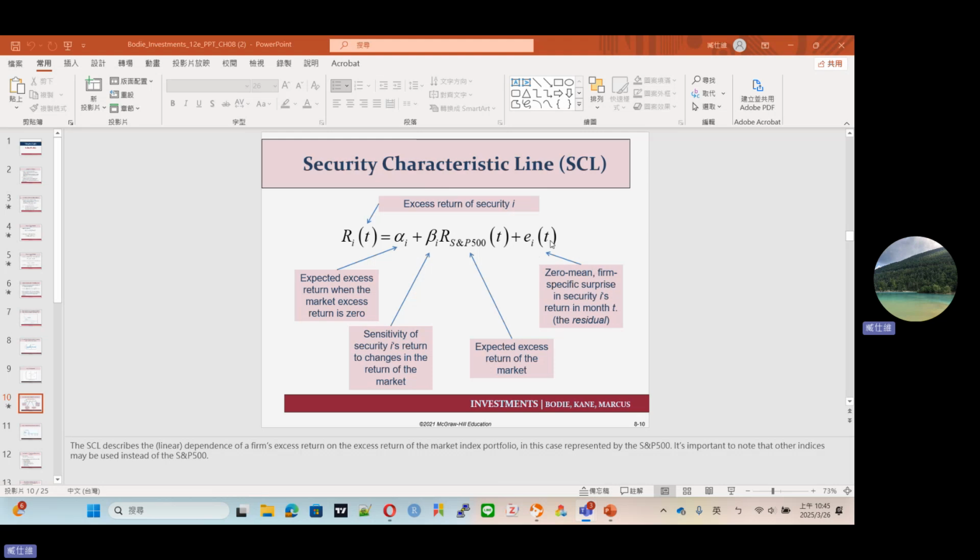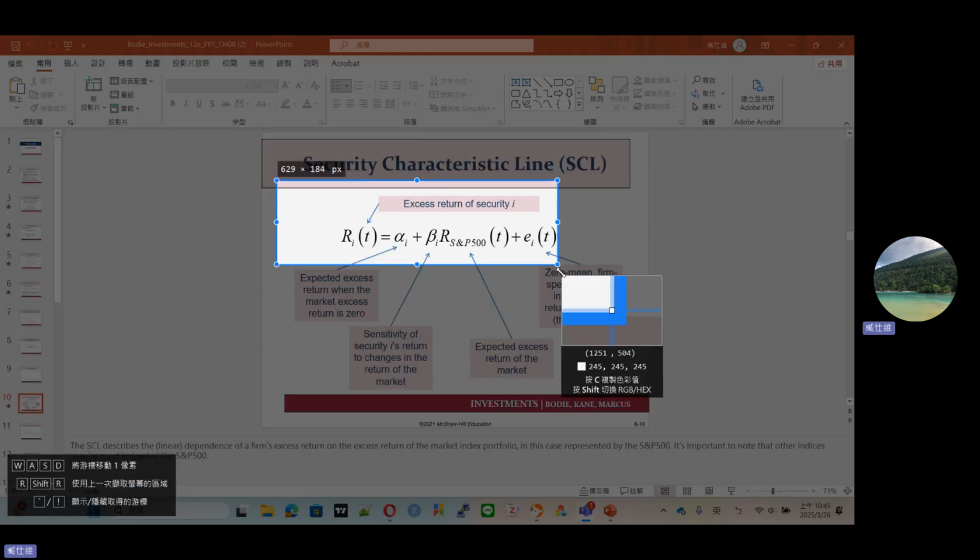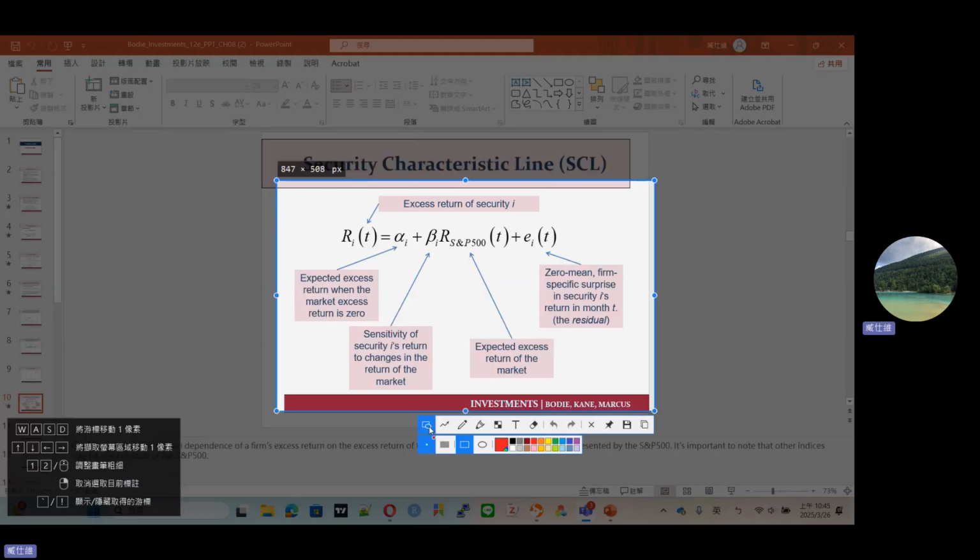And finally we also have e I. This is a zero mean, firm specific return. So we define this as the security characteristic line, or SCL.